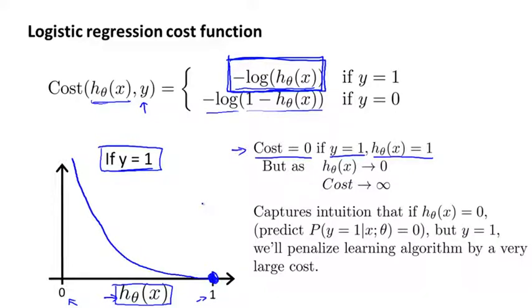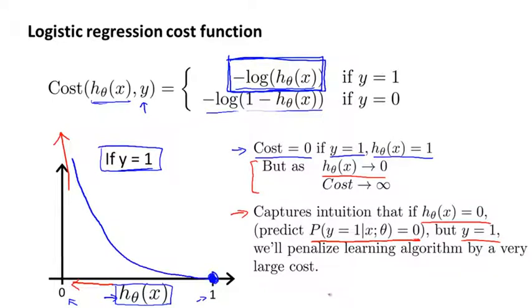And that's what we'd like it to be, because if we correctly predict the output y, then the cost is 0. But now notice also that as h of x approaches 0, so as the output of the hypothesis approaches 0, the cost blows up and it goes to infinity. And what this does is it captures the intuition that if our hypothesis outputs 0, that's like saying our hypothesis is saying the chance of y equals 1 is equal to 0. It's kind of like going to our medical patient and saying the probability that you have a malignant tumor, the probability that y equals 1, is 0.